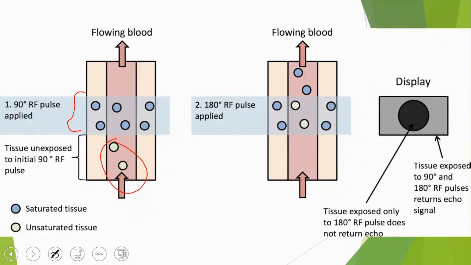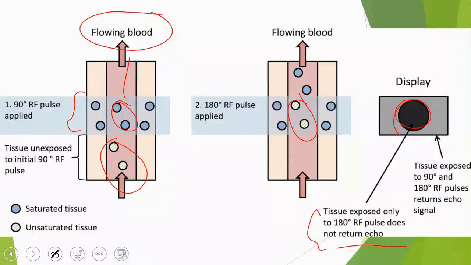What will happen? The one that was exposed to the RF pulse has now flowed out of its slices and entered a new place. There is no signal because it is not actually affected. I see a dark signal, guys. The techniques or methods depend on producing black blood in the spin echo sequence.